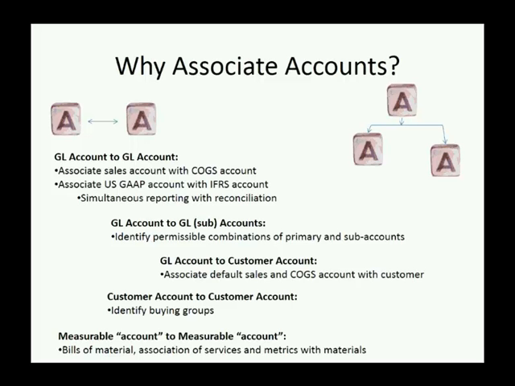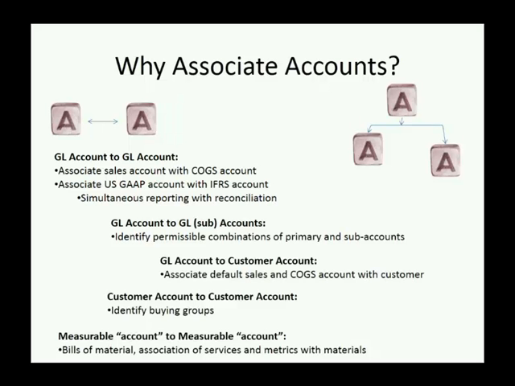And why would we want to associate accounts? Well, on the screen you can see many different places where within entry detail we may want to say how accounts relate to accounts. Those of you who set up accounting systems may be told that when you set up a certain account for your sales, you need to have an offsetting or associated cost of sales account. Perhaps you have a U.S. GAAP account. You want to map it to an IFRS account.